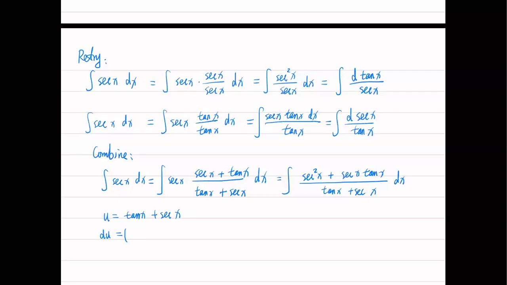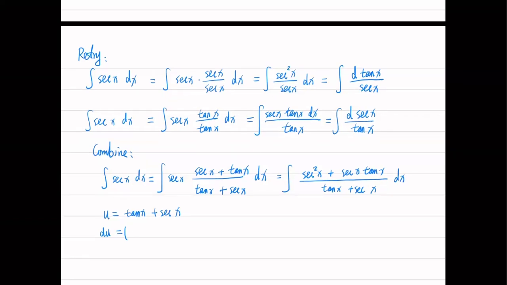It's secant squared x plus secant x tan x. This is exactly what we made up over there. So we can rewrite this using this substitution. Du over u. Okay, now how do we integrate this?